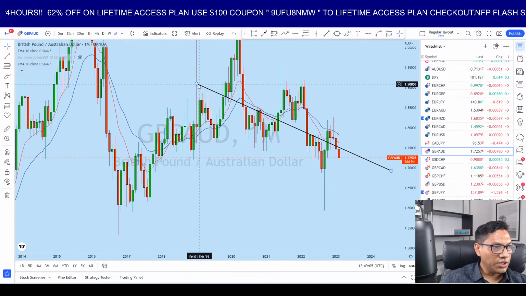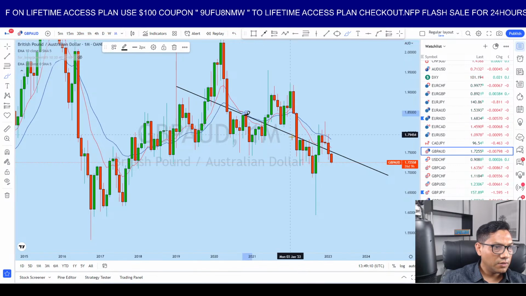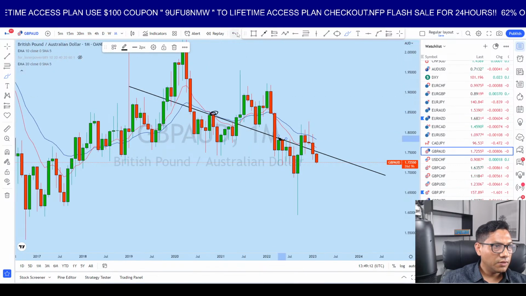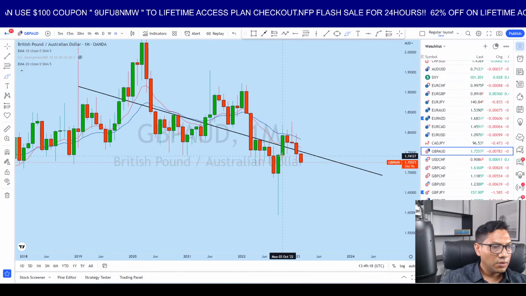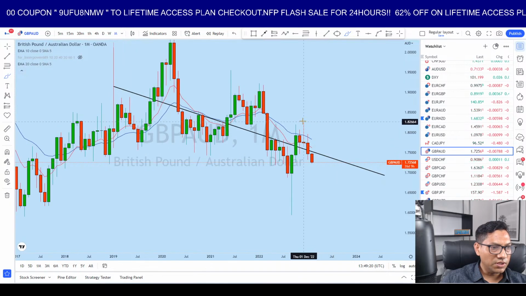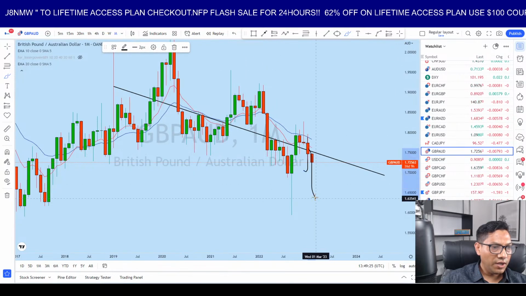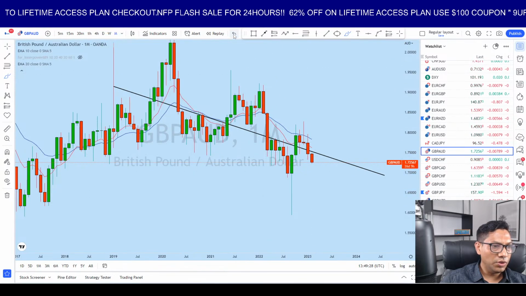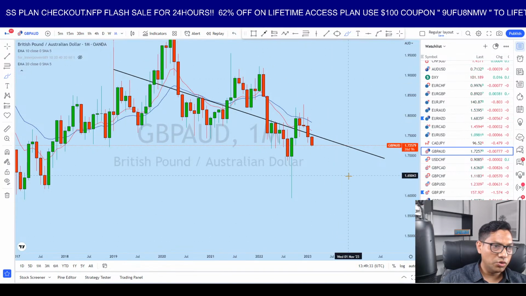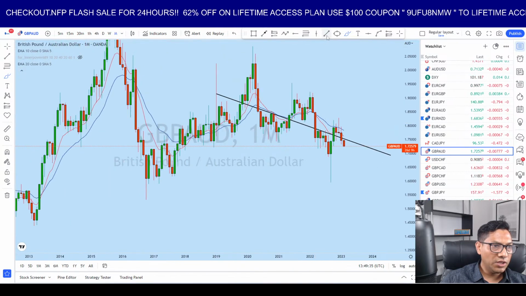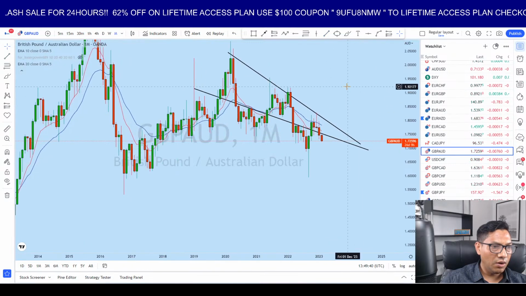So you see the price, this is the resistance here, okay, also resistance here, and we see that from this resistance level there is a liquidity grab from here, which created this big bearish candle, followed by a big drop every month. And I think that we might see some bigger move on this one, because if you look closely at history, GBPAUD is in fact a long-term bearish market.